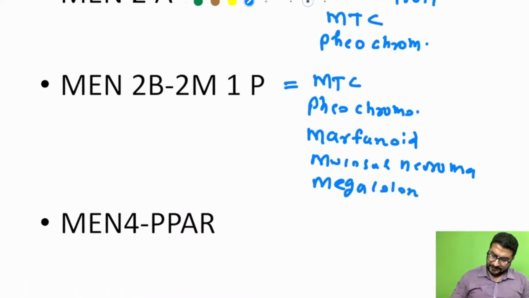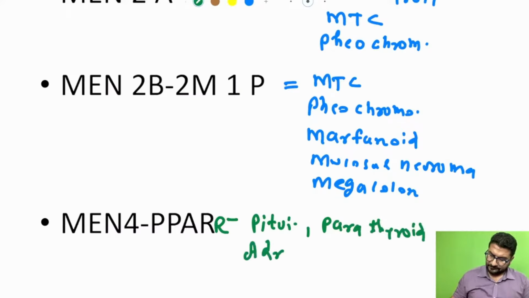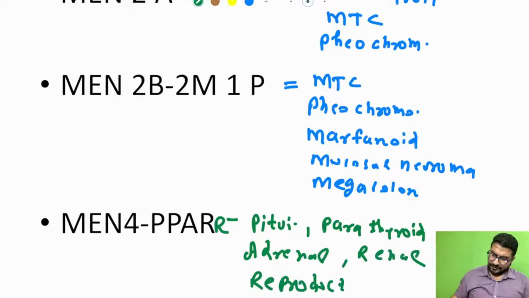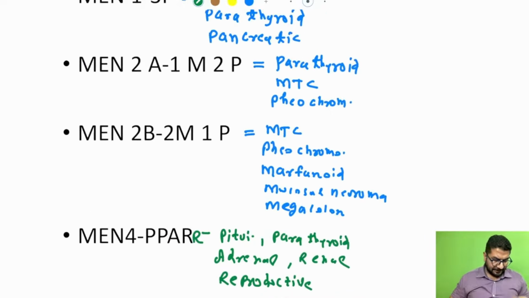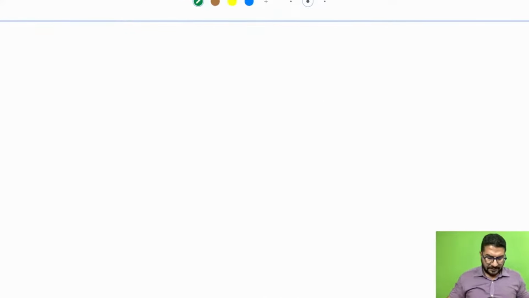Men 4 is a rare condition where patient will have tumor of pituitary, parathyroid, adrenal, renal and reproductive. So this is about your men syndrome. Men syndrome means multiple endocrinal neoplasia. Done. And am I clear, guys? Any doubt in this? Done. आगे चलें.